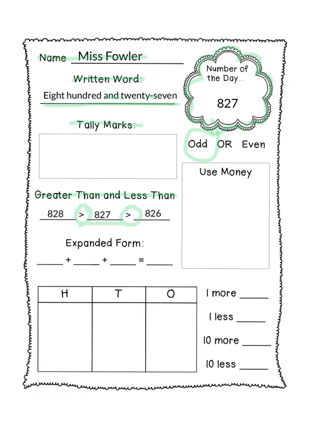So as an example, I have used the number 828, which is bigger than the number 827, and I have used 826, which is a smaller number than 827.